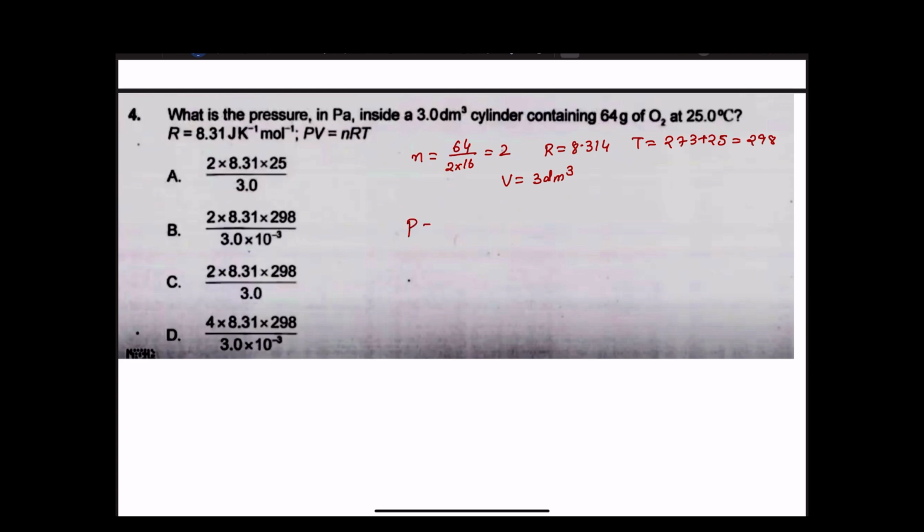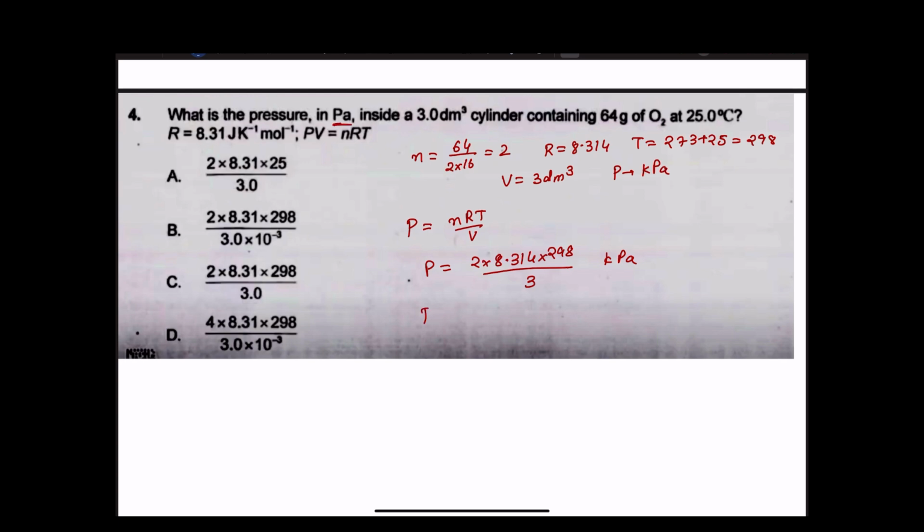So pressure, if I take volume in dm cube, my pressure will be in kPa. So it will be nRT by V. So P is 2 times 8.314 times 298 divided by 3. The unit will be kPa, right? So remember, if you use volume as dm cube, your pressure will be in kPa. But I have to report the answer in Pa.